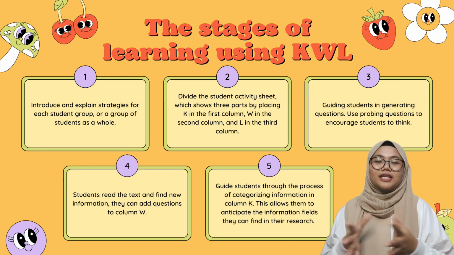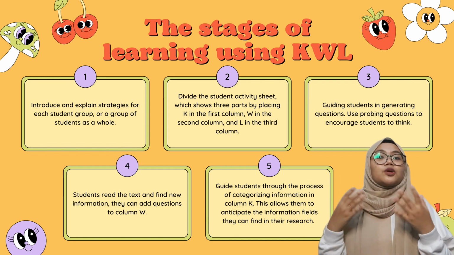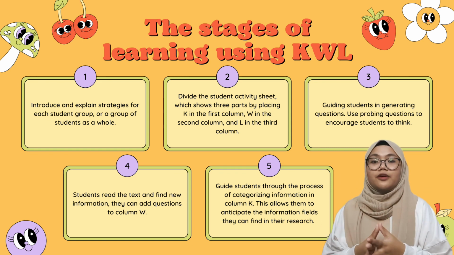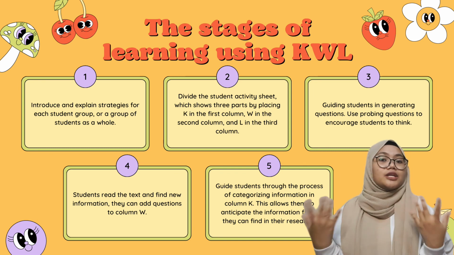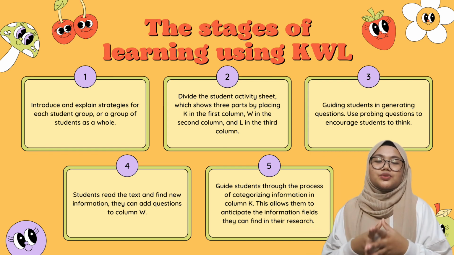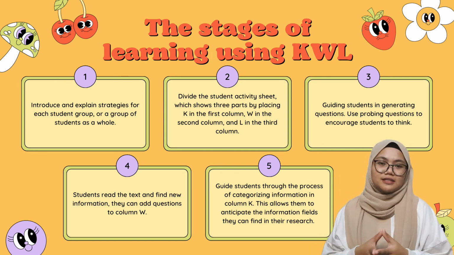When they find within the text words answering the questions they have asked, students must record new information in column L, which identifies what they have learned, because in many cases they also find that what they think they know is inaccurate. Next is to guide students through the process of categorizing information in column K. This allows them to anticipate the information fields they can find in their research.